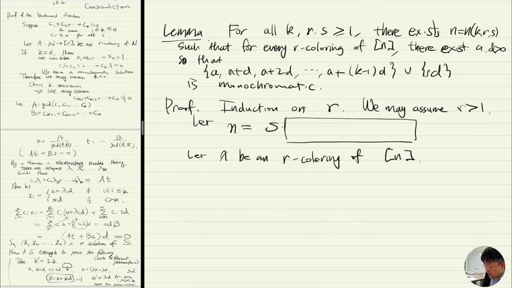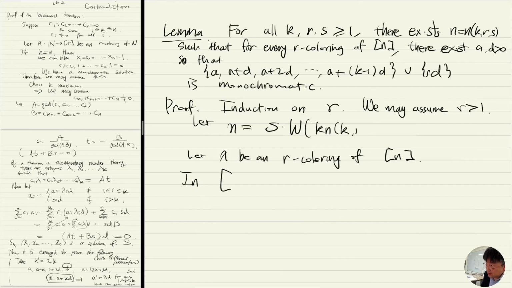Maybe let me first write the formula. So W of k, where W is this van der Waerden number. We want to find an arithmetic progression of length equal to this when you color by r colors.